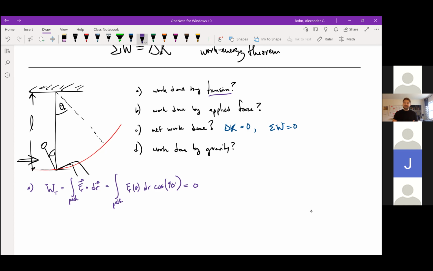This is the great thing about the dot product. If perpendicular, we know zero.